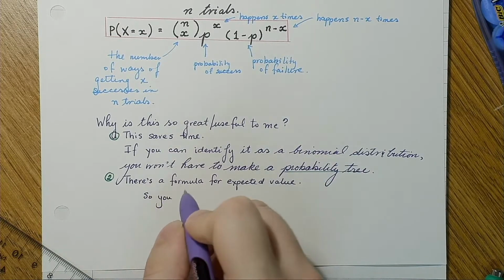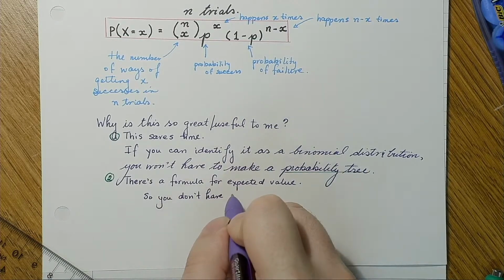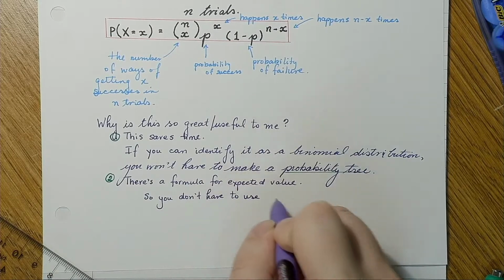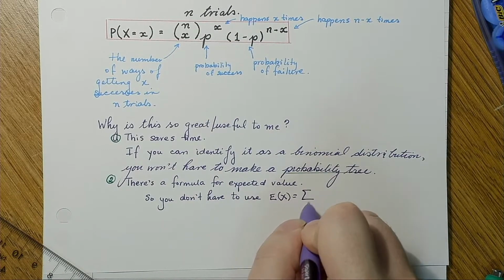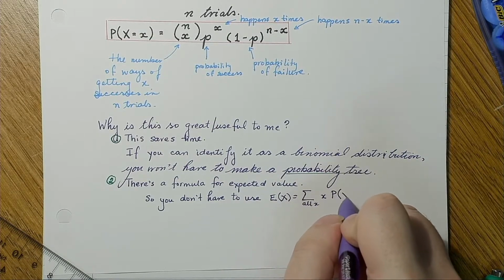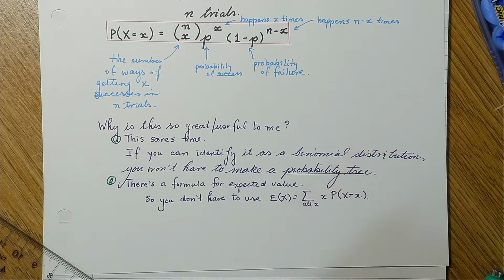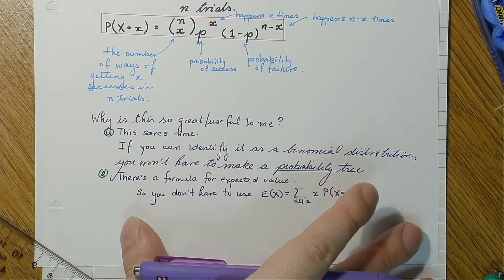So no more having to sum up all those x times those probabilities. You don't have to do that. There's a formula. I will tell you what the formula is.